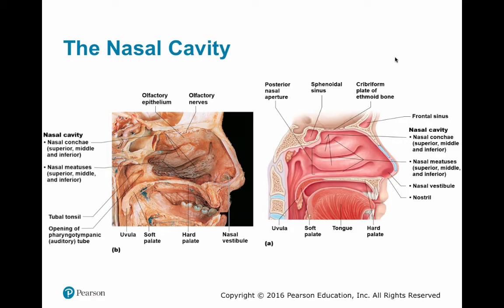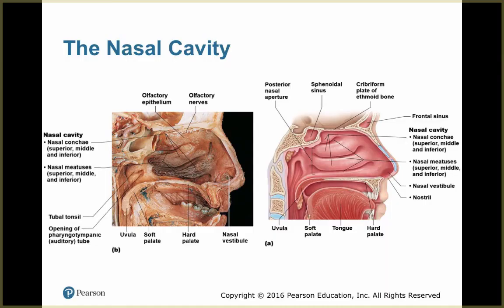So if we look here, let's actually look at the cavities a little bit and see what we're looking at. And this is a sideways view, right? So here's the nostril where the air comes in. And this area that's right at the beginning is that nasal vestibule that we talked about initially. And remember, that area was just superior of the nostrils, right?